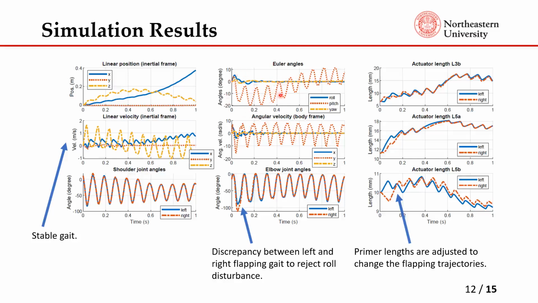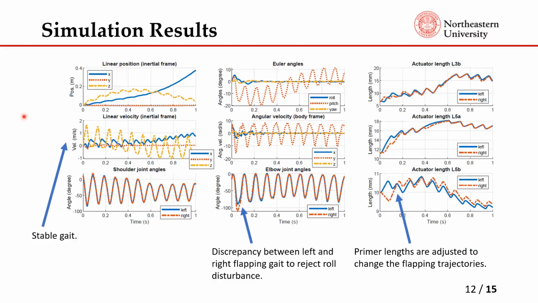The pitch is somewhat unstable in the beginning and reaches a stable limit cycle in the end. That's because, as I mentioned earlier, we do not have a tail stabilizer, so pitch tends to be more unstable than the other states, and it will be a challenge to control this.